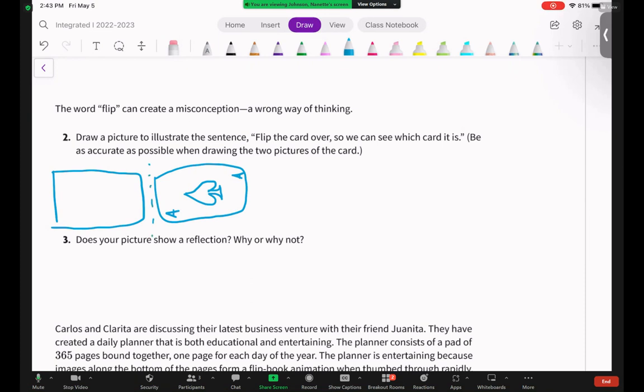So it would look like, oh gosh, Miss Johnson's going to have a hard time drawing this. Okay, pretend it's the same size. So do you see what flip means? When we flip the card over, technically you're going from seen to unseen or unseen to seen. Does that make sense?